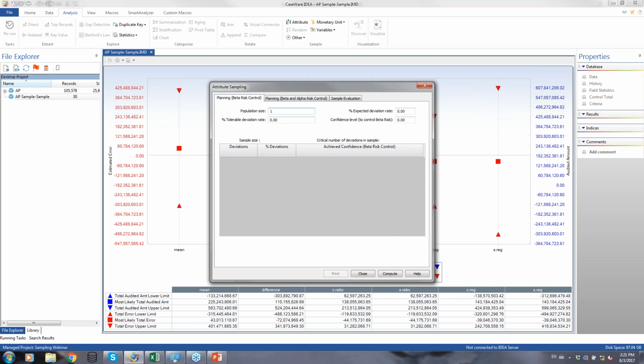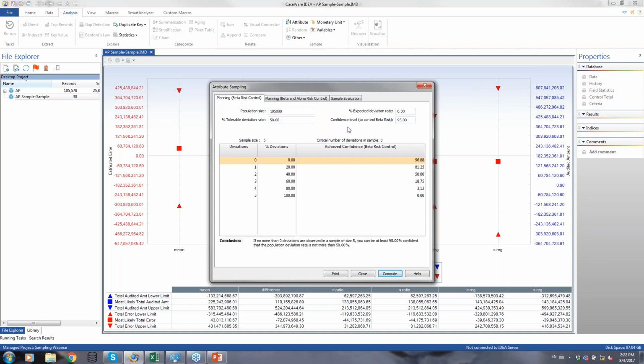If we were to do attribute sampling where we wanted to plan what we would need to sample with 95% confidence to get some provable idea of the control violation rate being less than 50%, we would only need to sample 5 items. And as long as all 5 items came up with no control violations, then we could conclude that the population rate is not more than 50%.